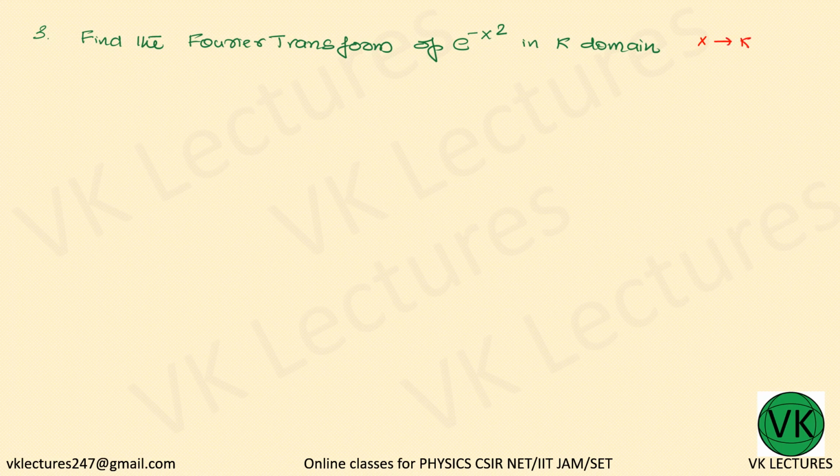We have the Fourier transform formula: the Fourier transform of the function f of x is equal to 1 divided by root of 2 pi, integral from minus infinity to plus infinity of f of x into e to the power isx dx.